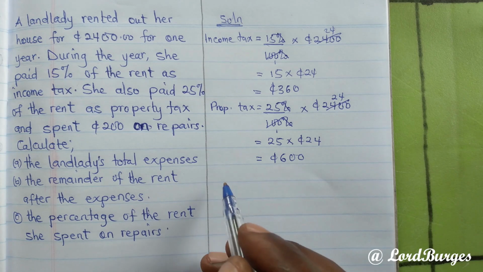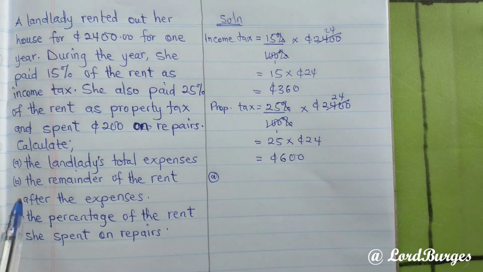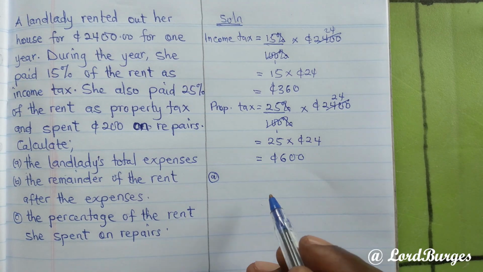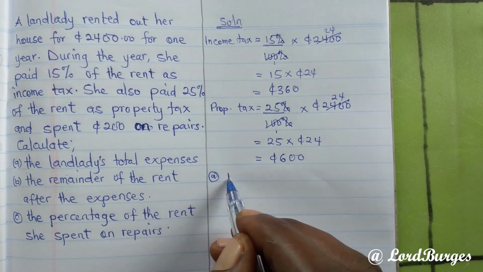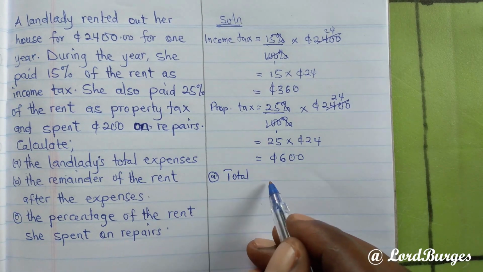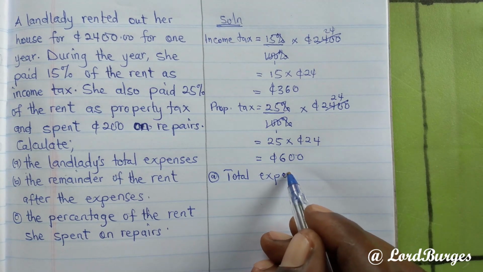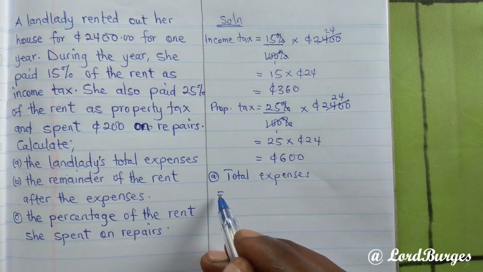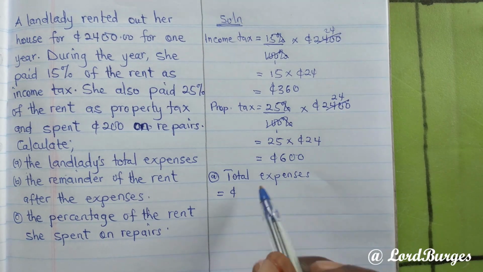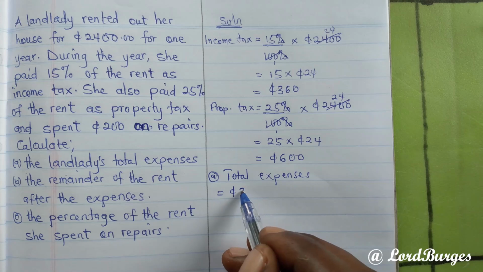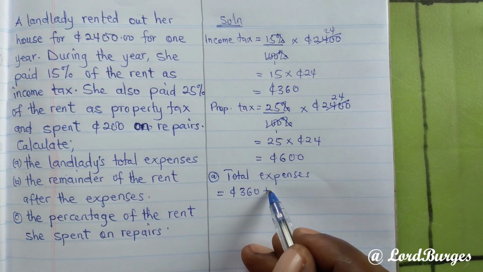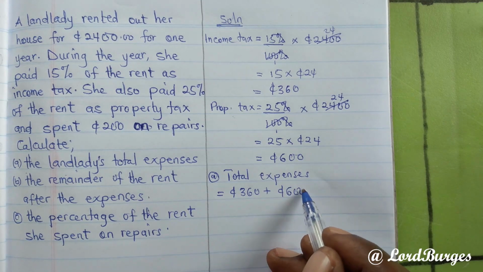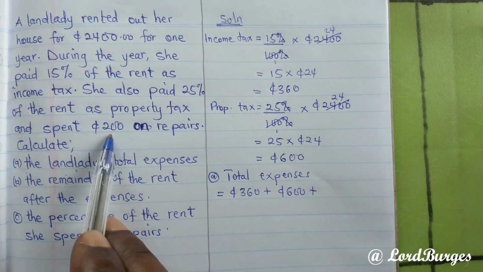Now, to answer our question A, which says the landlady's total expenses. The total expenses becomes the income tax, which is 360, plus property tax, which is 600, plus the 200 she spent on repairs.